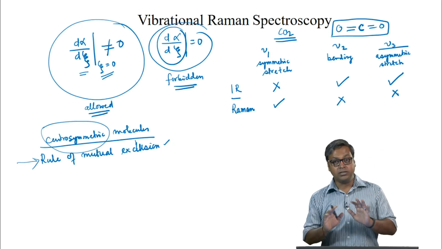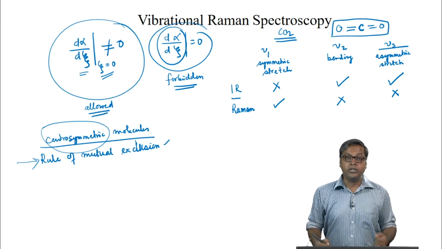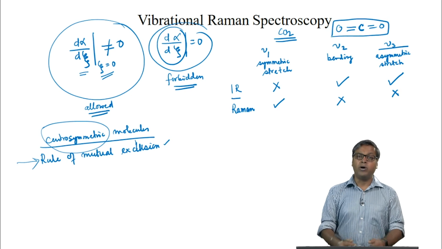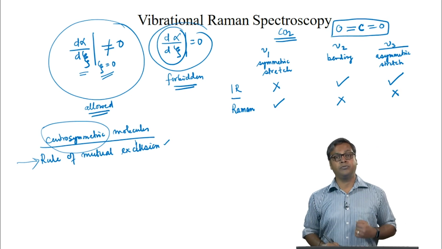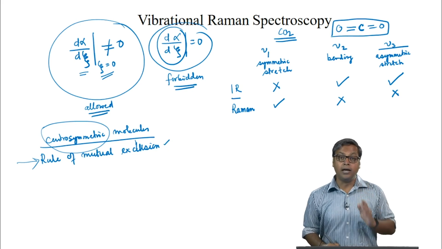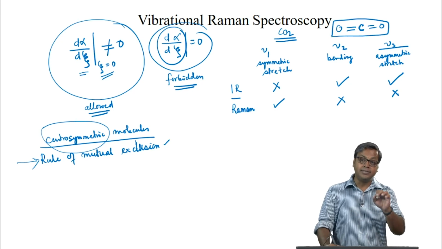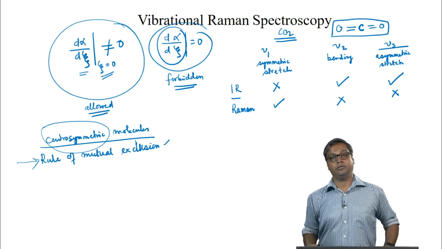However, just a note of caution, as we have already discussed, a vibration may be Raman active but too weak to be observed. However, if some vibrations are observed to give coincident Raman and IR absorptions, then it is certain that the molecule has no center of symmetry.